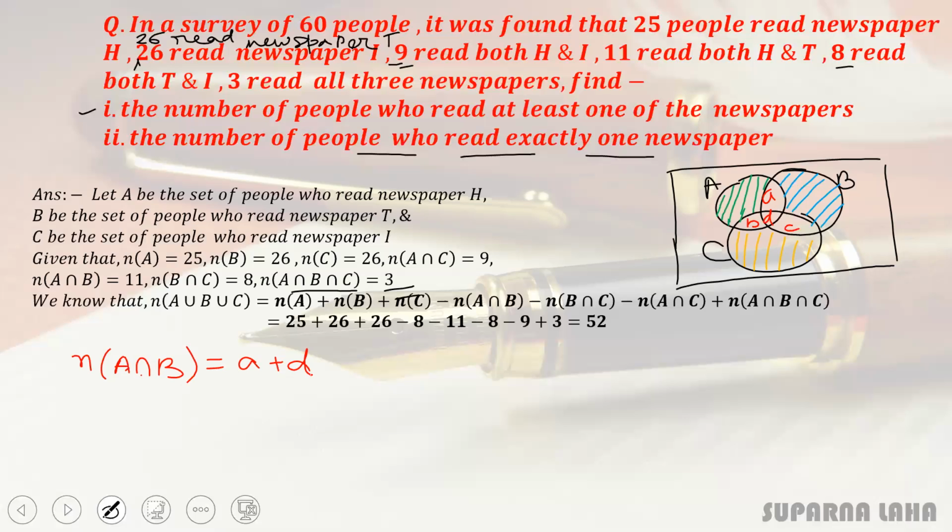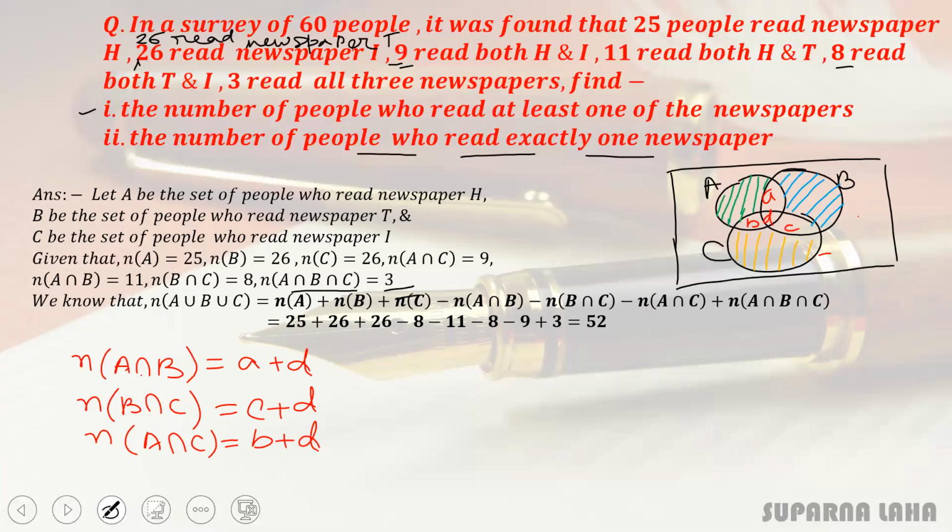The number of elements in B intersection C is given by C plus D, and the number of elements in A intersection C is given by B plus D.